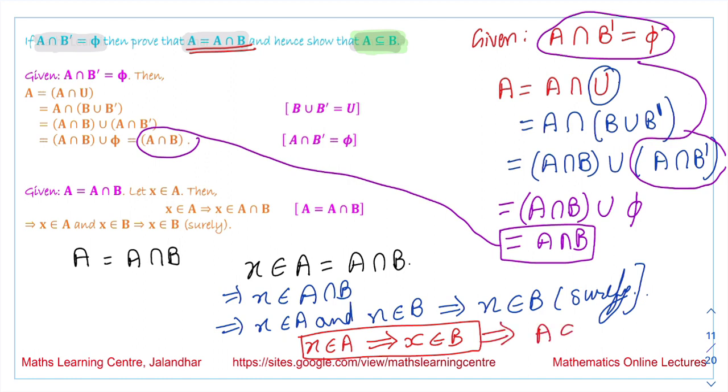That A is a subset of B. This is what we have to prove in our second part, that A is a subset of B.